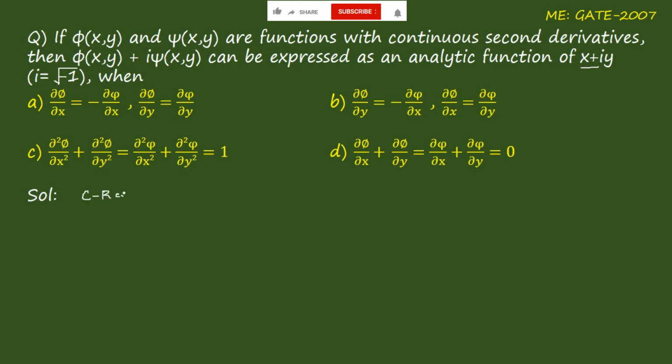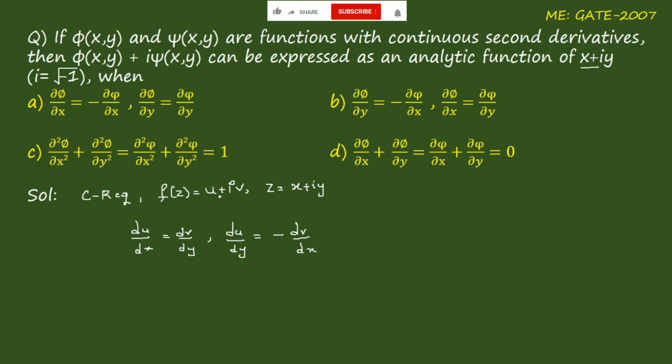Cauchy-Riemann equations. As you know, if a function f of z is equal to u plus iv is analytic, where z is equal to x plus iy, the conditions are given as du by dx should be equal to dv by dy, and the other one is du by dy should be equal to minus dv by dx.